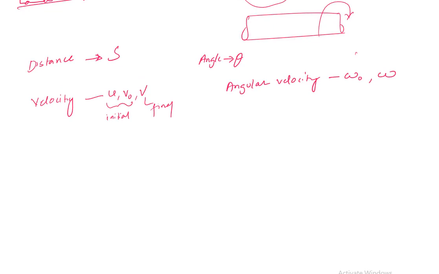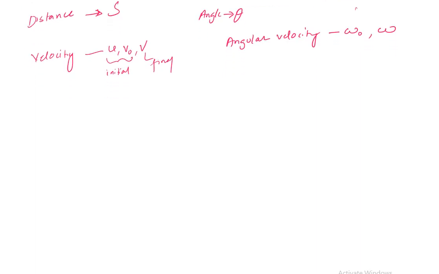We don't have much of an option. The convention in most of the books is to go with omega naught and omega, whereas on the linear side the convention is either u or v naught for initial velocity. Like I've mentioned before, don't memorize the formula based on u and v, memorize the formula based on initial velocity, final velocity, acceleration, distance, etc.